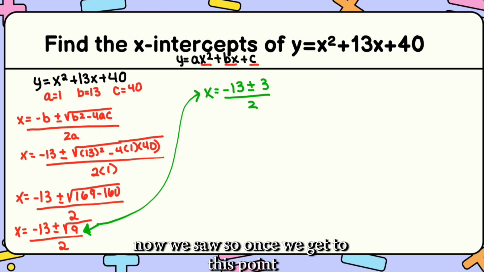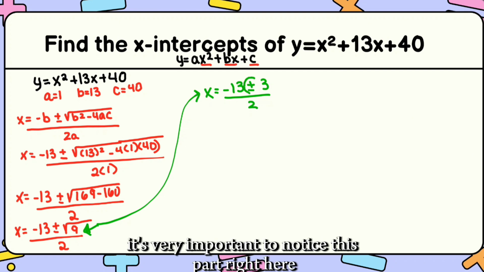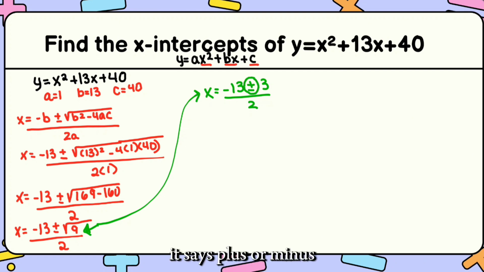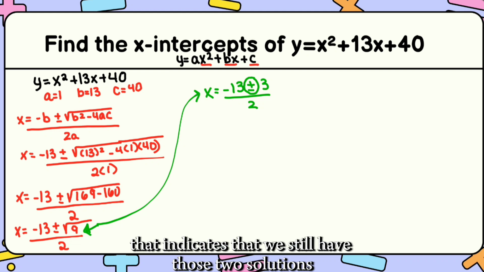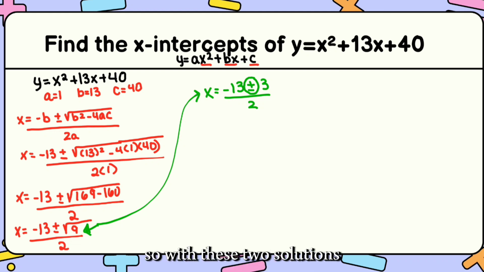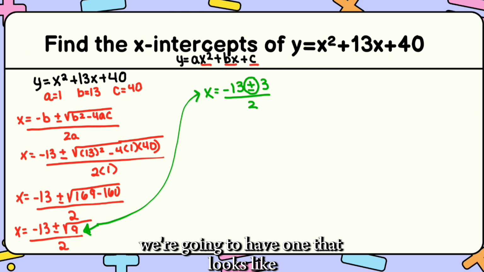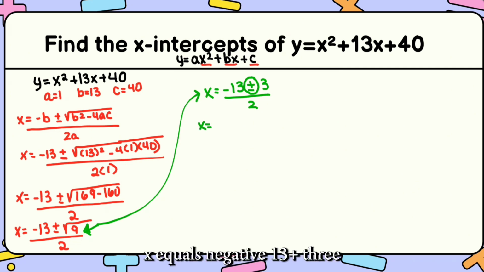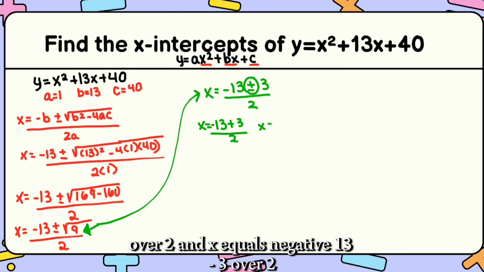Now we solve. Once we get to this point, it's very important to notice this part right here. It says plus or minus. That indicates that we still have two solutions. So we're going to have one that looks like x equals negative 13 plus 3 over 2, and x equals negative 13 minus 3 over 2.